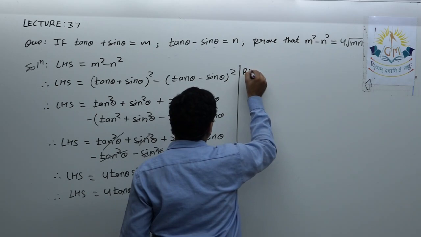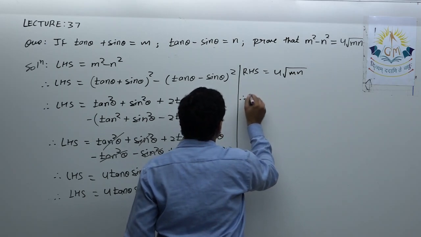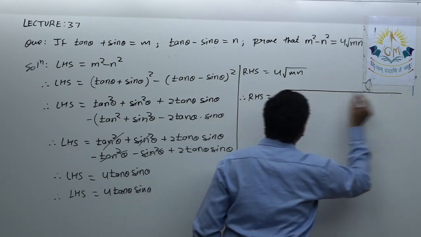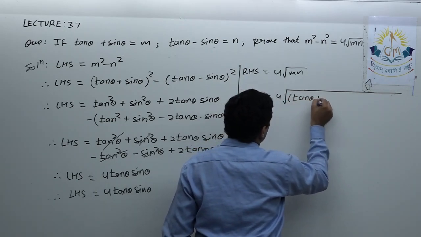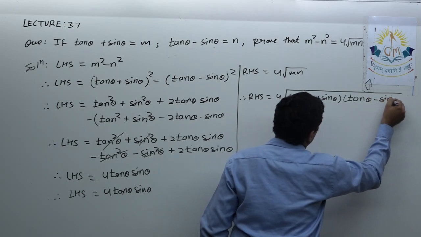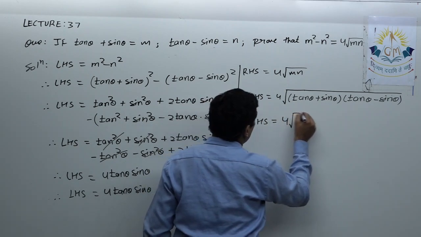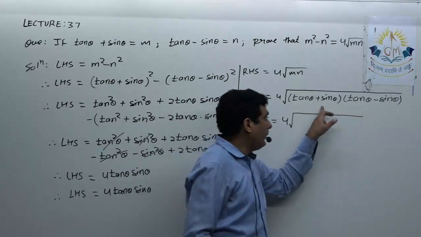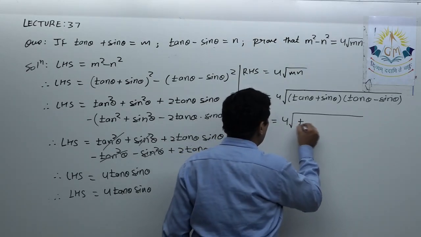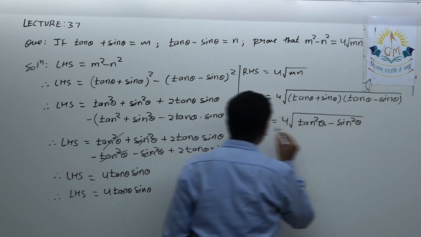So RHS is 4 root mn, that is 4 times the root of m multiplied by n. m is tan theta plus sin theta and n is tan theta minus sin theta. Here you can see a plus b, a minus b, so we can apply the identity of a square minus b square. So it is tan square theta minus sin square theta.